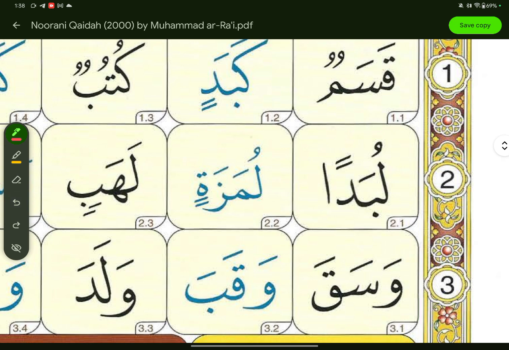Say it together. Lumadatin. Not zatin, because you don't want to elongate it. Lumazatin. Right? If you say lumazatin, it actually has an alif afterwards.